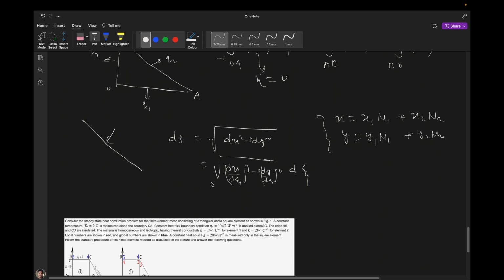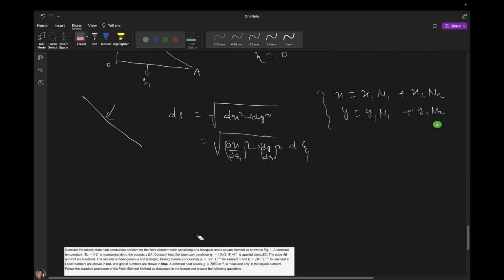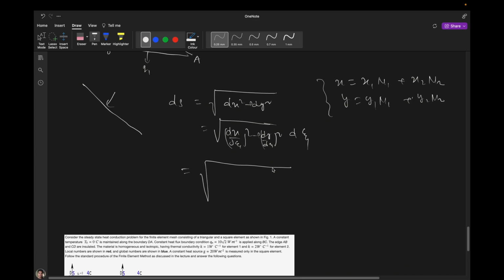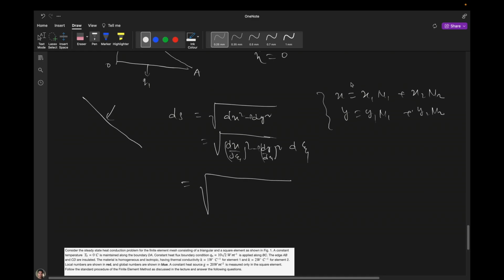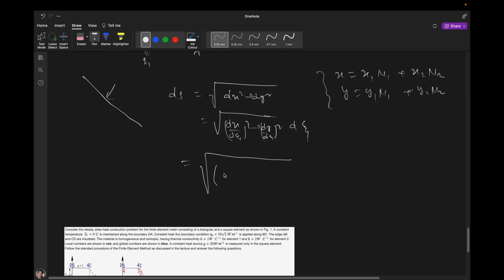When you differentiate it and substitute here, it becomes the square root of ((x2 minus x1) by 2) raised to the power 2 plus ((y2 minus y1) by 2) raised to the power 2, times del xi.